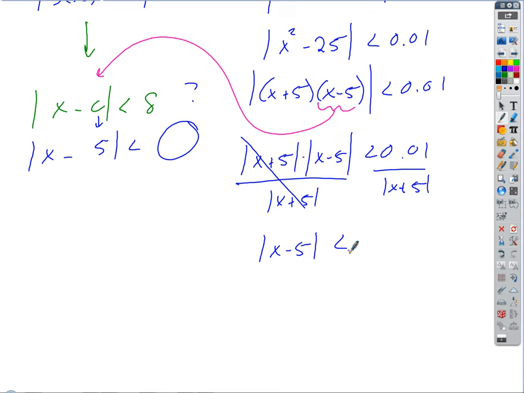Does that make sense? Okay, so this just becomes 0.01 over 10. Wait, how did you get the 10 here? Because as x approaches 5, this expression becomes the absolute value of 10. Oh, okay, yeah, that makes sense.